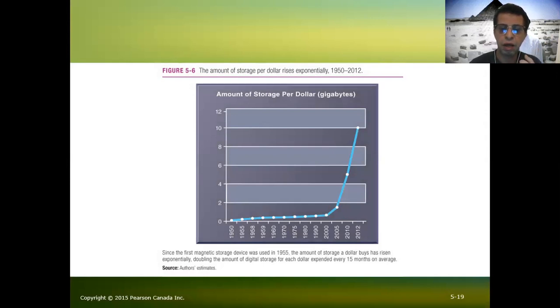And now you can have 10 gigabytes and more for the same amount of money. The storage is pretty cheap. And now, as you see, a small USB can carry 20, 80, 36, 60 terabytes, for example.